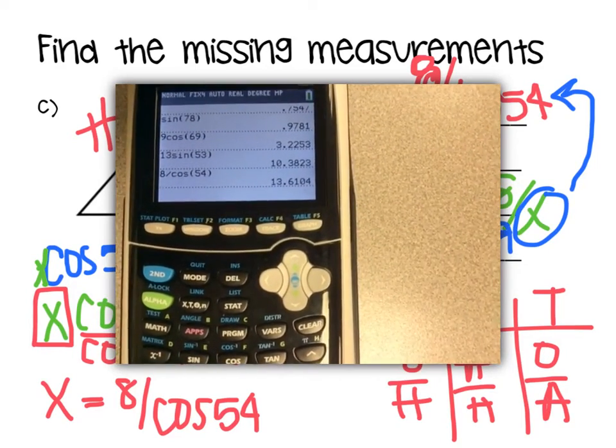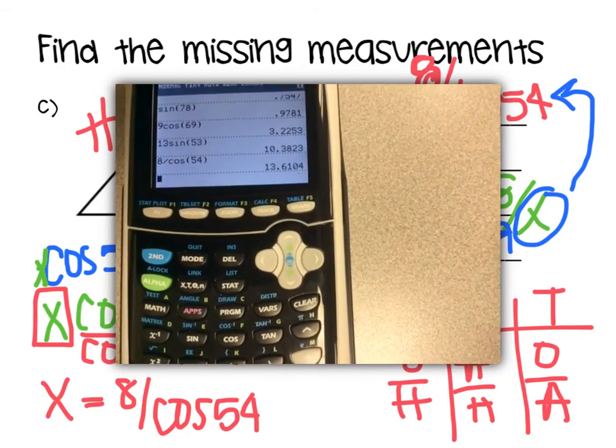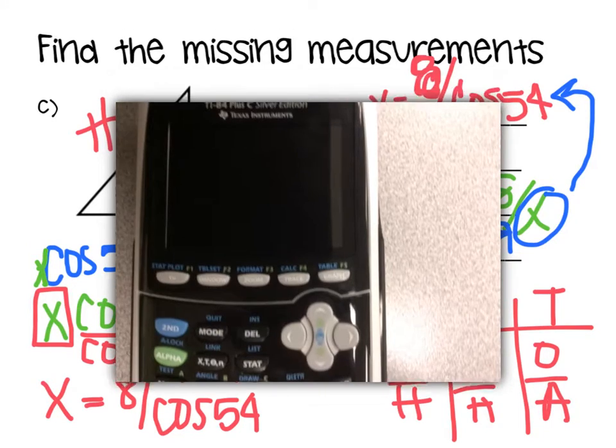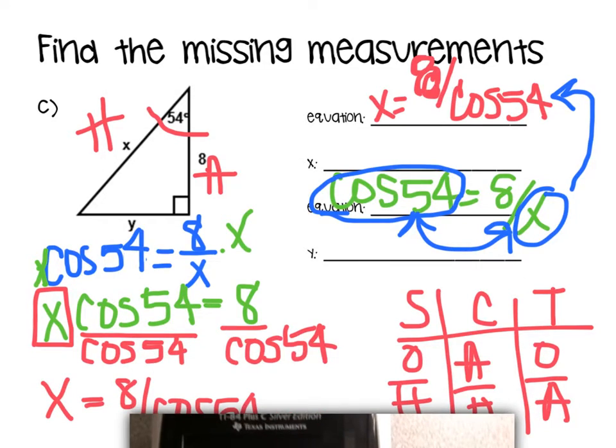So our x value, our hypotenuse, would be 13.6104. So x is equal to 13.6104. Now let's find y, but I'm going to go to a new slide to do that.